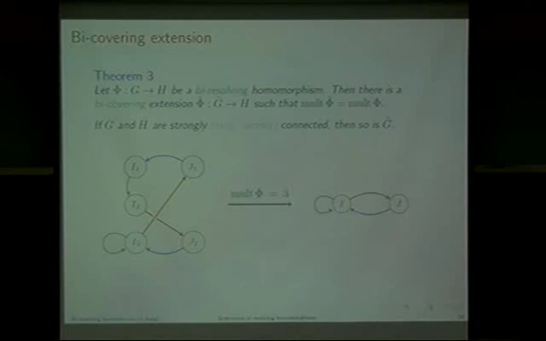So this graph is shown in the previous slide. By adding some vertices and edges, we can make a bi-covering homomorphism from the extended graph to the domain, while retaining the multiplicity.